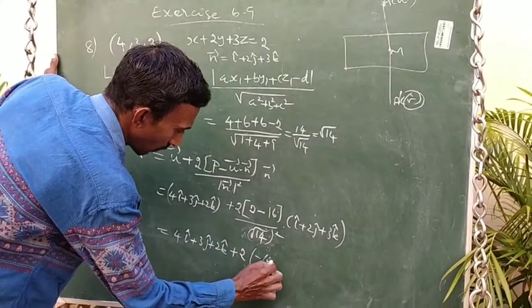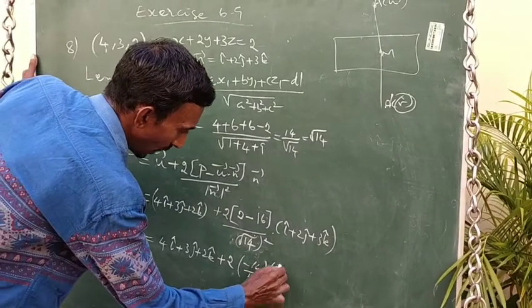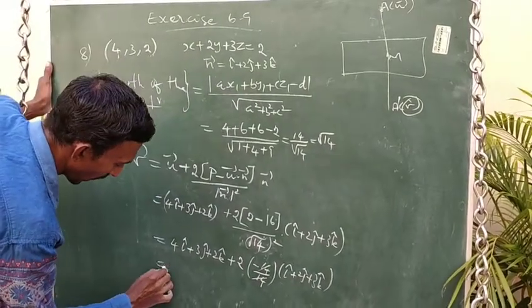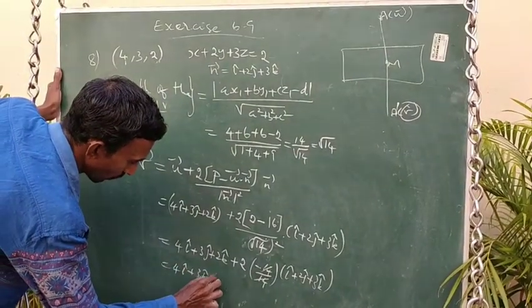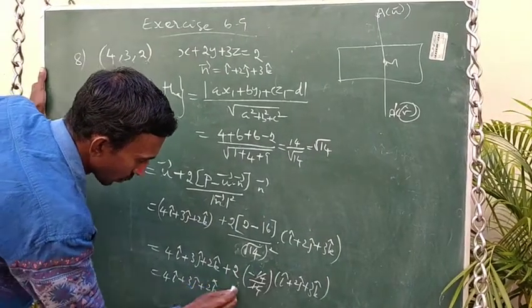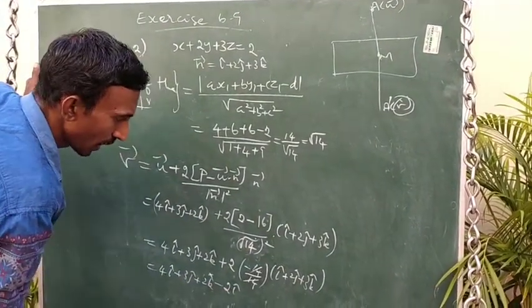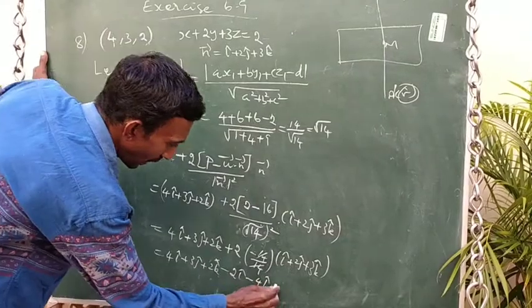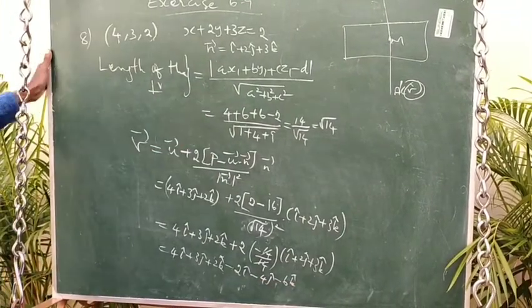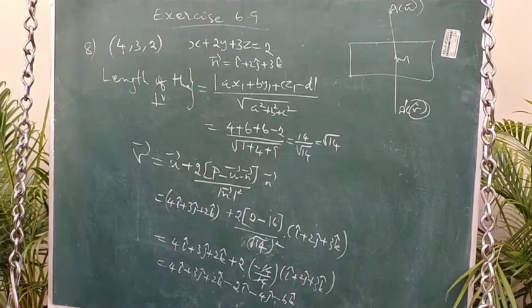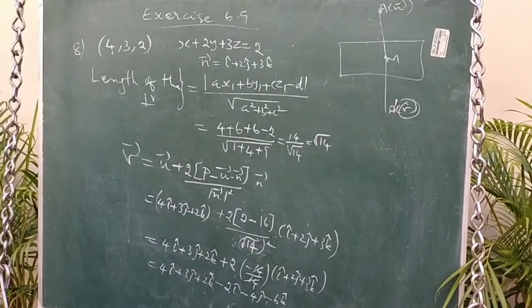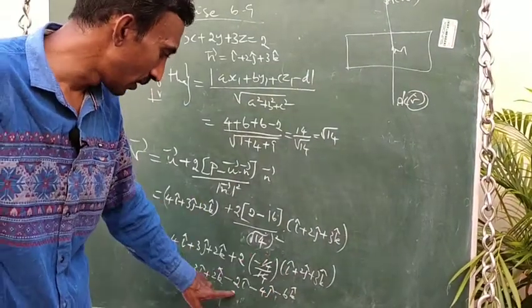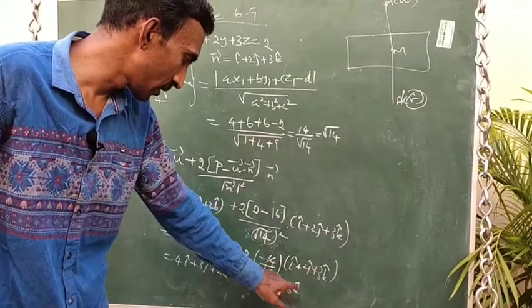So minus 14 by 14, leaving i plus 2j plus 3k, so it cancels. So 4i plus 3j plus 2k minus 2i minus 4j minus 6k.